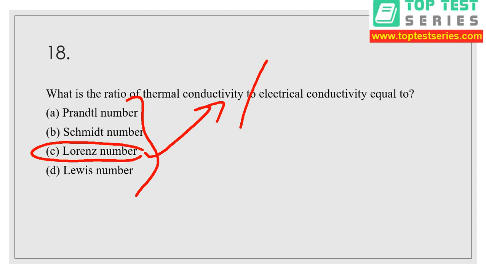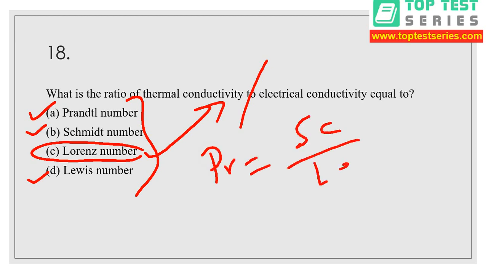Now guys, let's talk about this Prandtl, Schmidt number and Lewis number. My dear, Prandtl number is equal to what? Schmidt number division Lewis number. And what is Prandtl number, my dear? Molecular diffusivity of momentum division molecular diffusivity of heat. That should be nu by alpha.